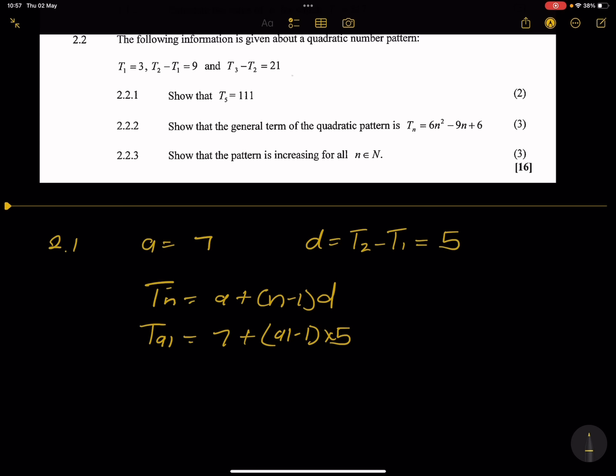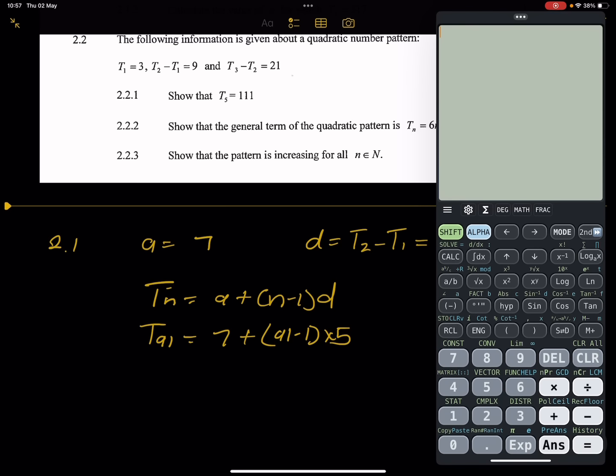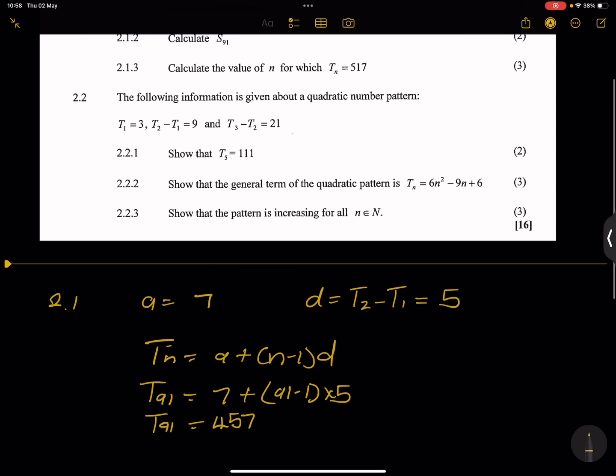Okay, so we just whip out our calculator quickly. So this is going to be 7 plus 90 times 5, and that gives us 457. Such questions, guys, don't even waste time on them. We move on to the next one.